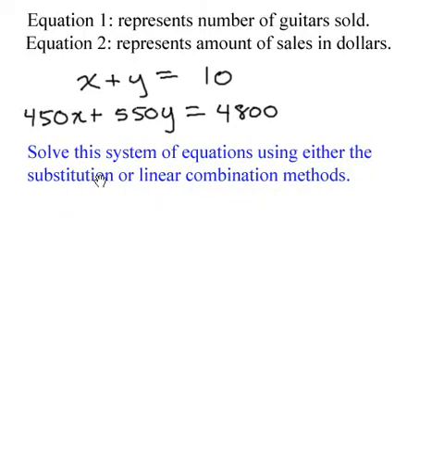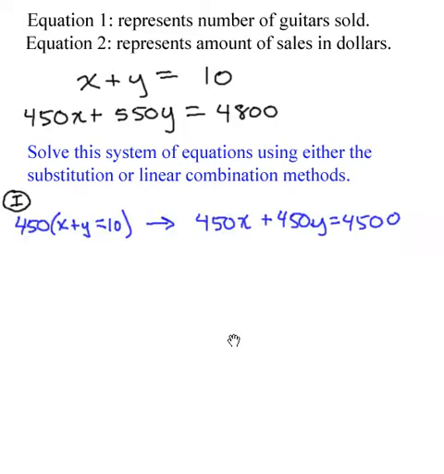Again, graphing is good to get a picture, but it's more accurate, and I think you guys prefer substitution or linear combination. So for this particular problem, what I'm going to do is take this top equation, x plus y equals 10, and multiply everything through by 450. So 450 times x is 450x, 450 times y is 450y, 450 times 10 is 4,500.